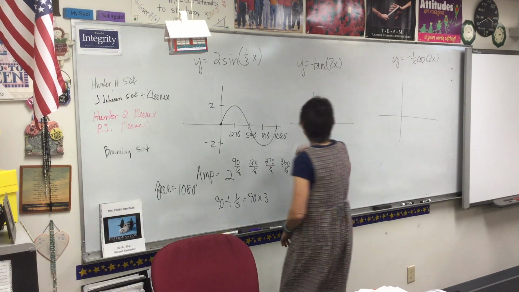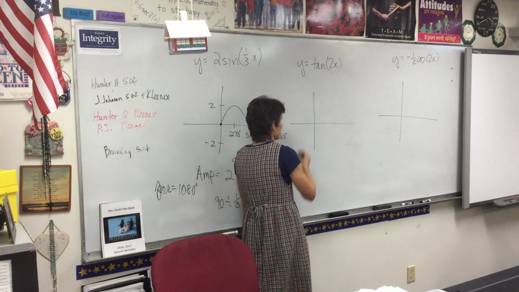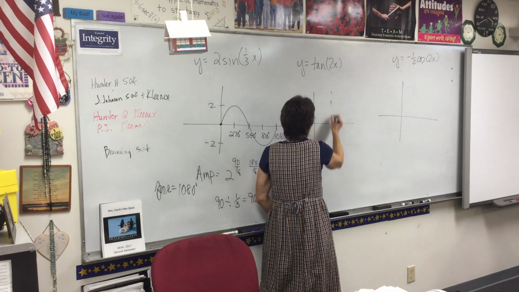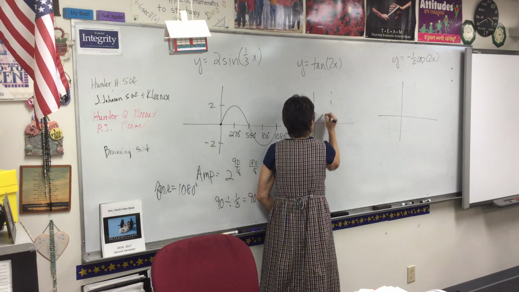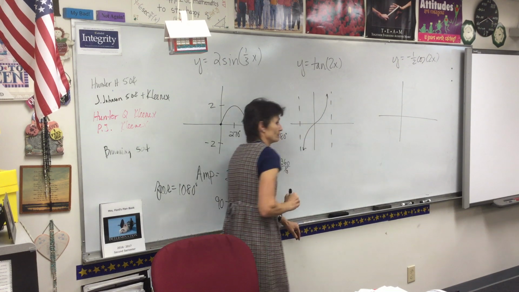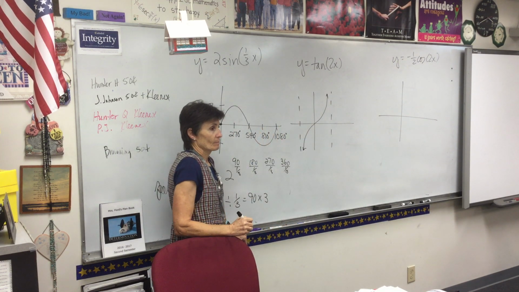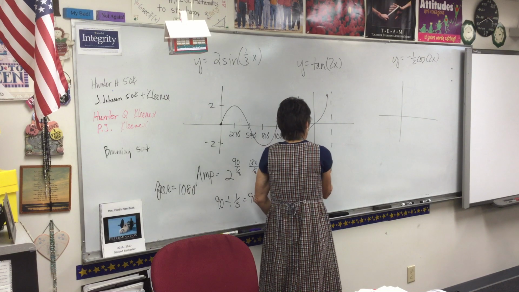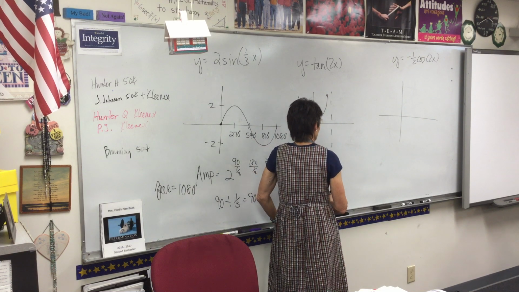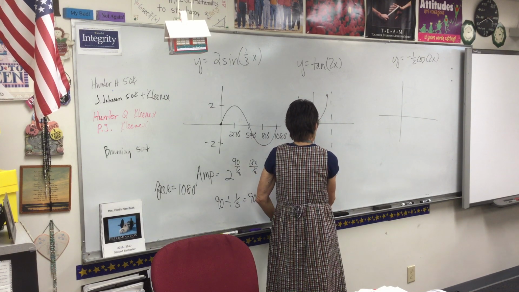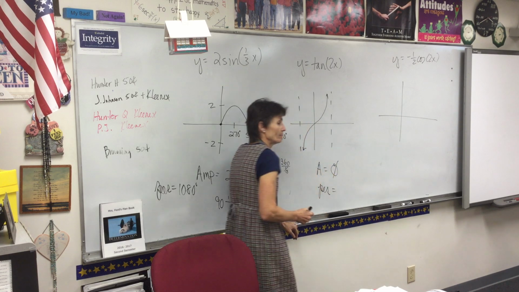Now we've got a tangent. Tangents, remember, are just asymptote, asymptote, squiggly line through the origin. What is the amplitude for a tangent? There isn't one. Please don't miss that.